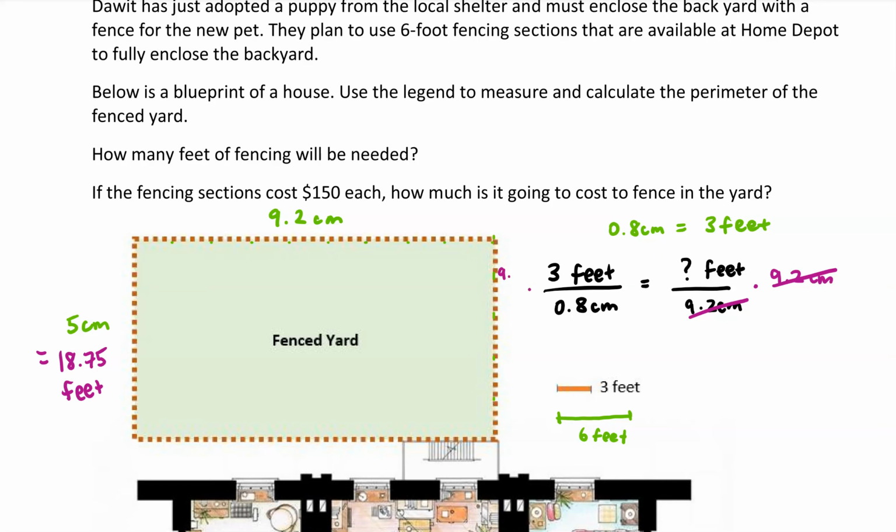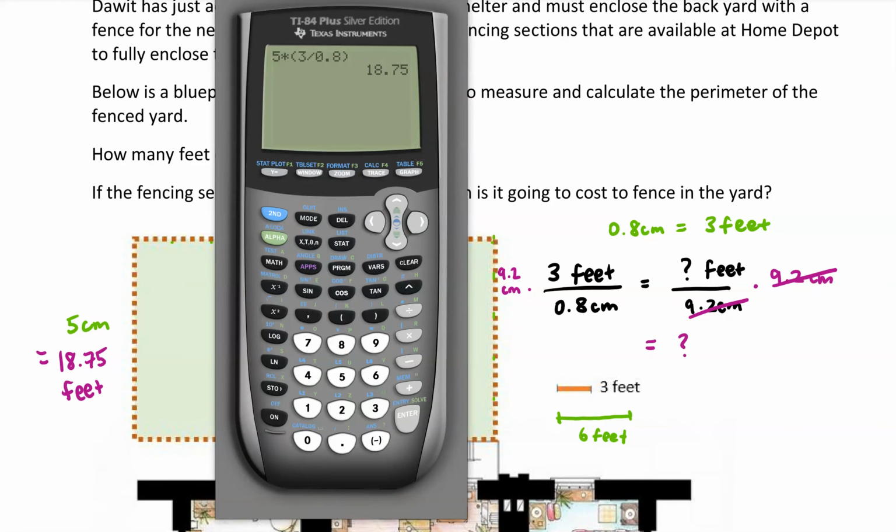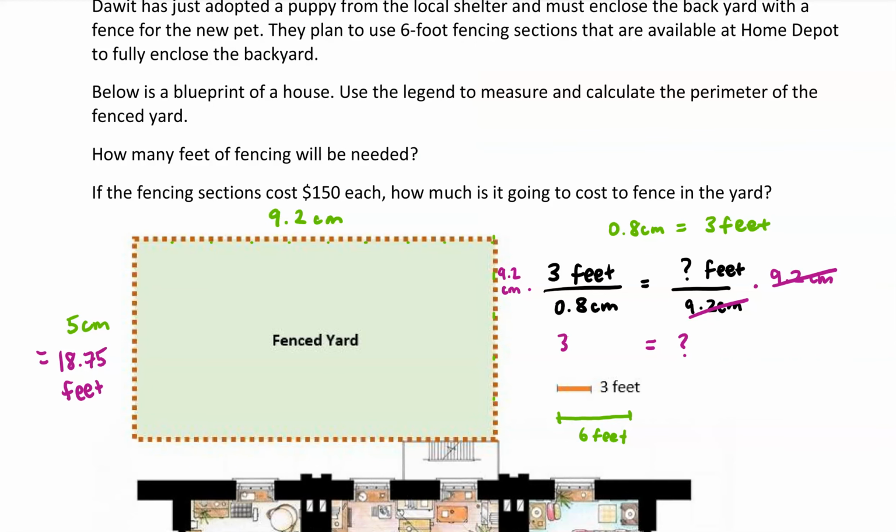Our equation will become question mark is equal to 9.2 times 3 divided by 0.8. So there we get 34.5 feet.